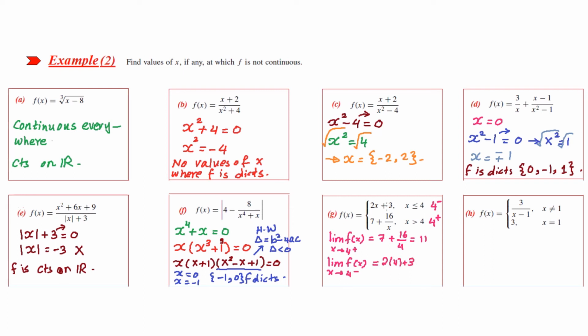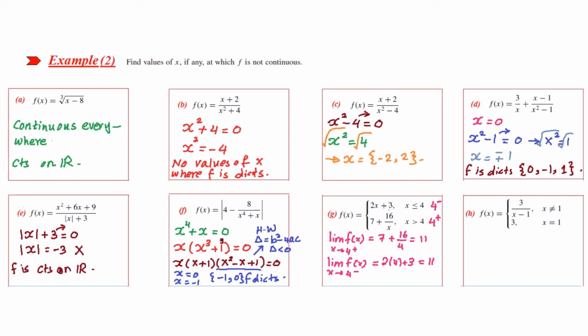You have to substitute in the first function, and 8 plus 3 equals 11, and since we have less than or equal to 4, 4 is defined in the function, and f of 4 equals 11. So f is continuous when x equals 4.